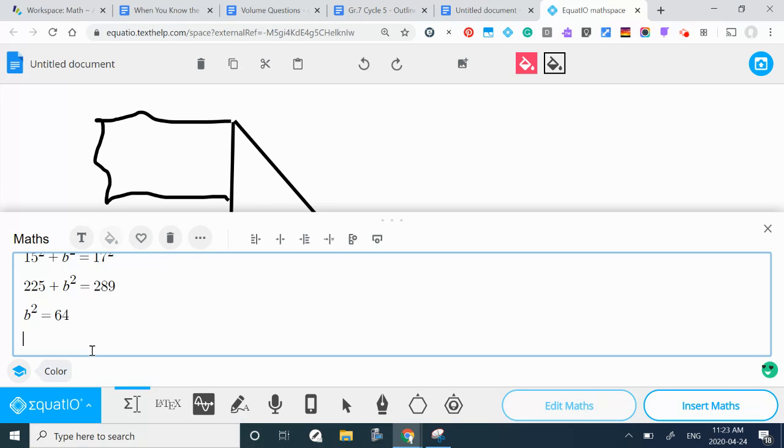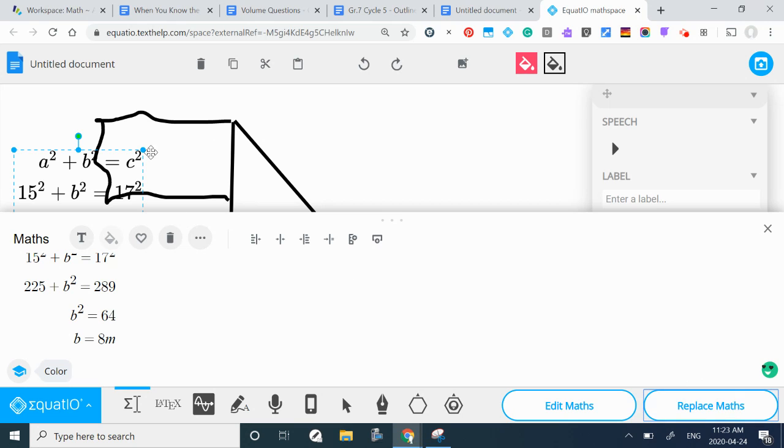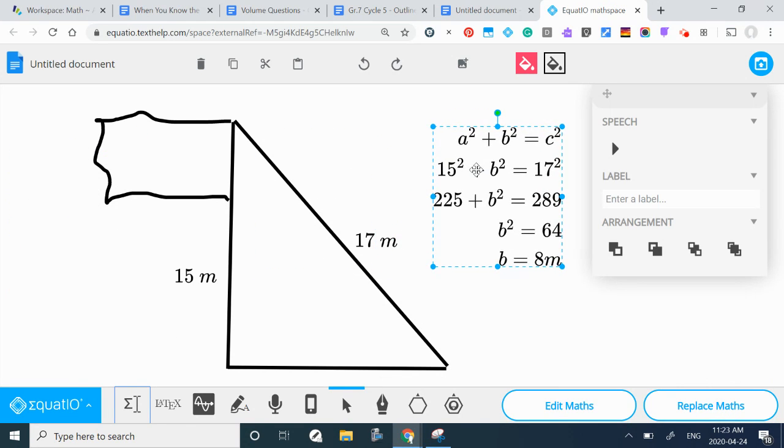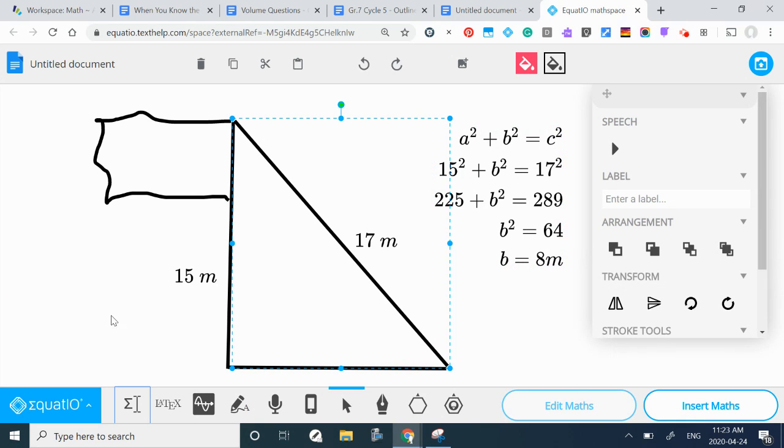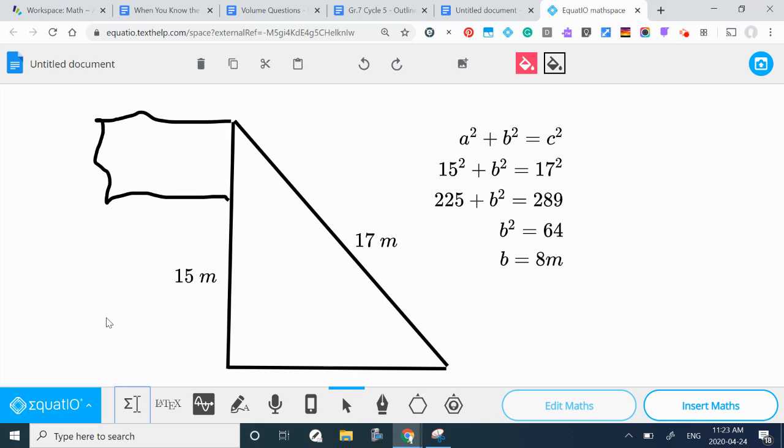So what number multiplied by itself gives me 64? And that is 8 meters. To make it pretty, we're going to align it to the right. Insert math. Close that up. Move it over here. And there is our picture and our equation.